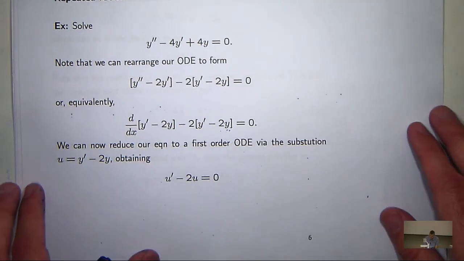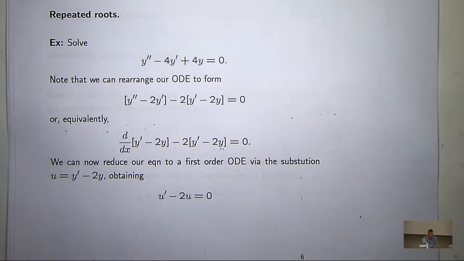Okay, so let's talk about the repeated roots. Now, you can see what I've done up here is just use the same general method that I used in the first exercise or example, breaking it down to the analysis of a first order problem. You can see I've split that up here and then made a substitution.